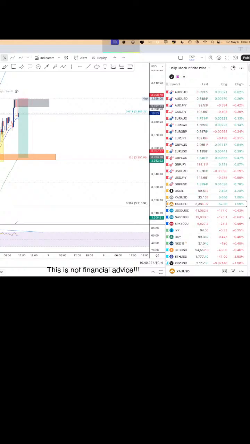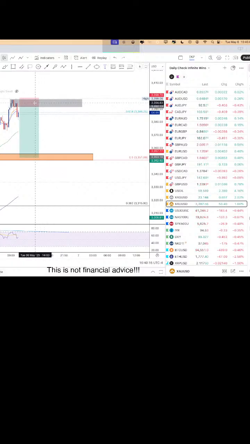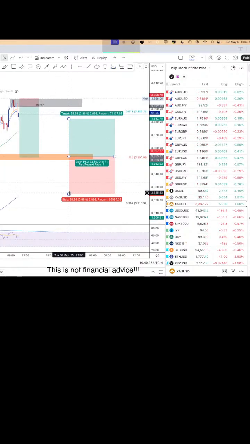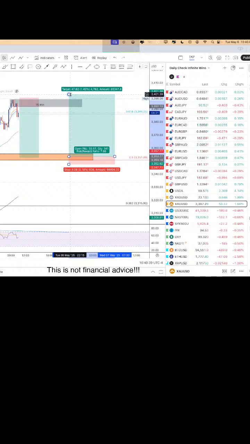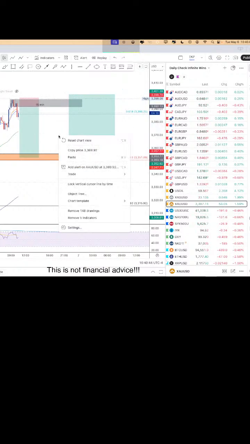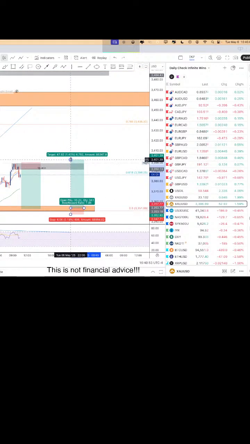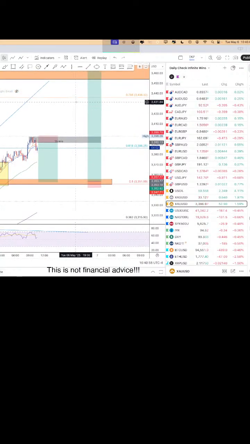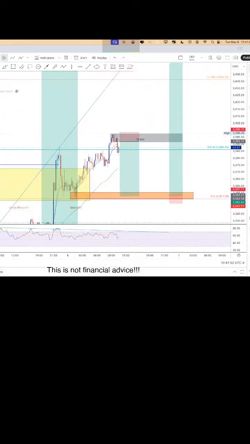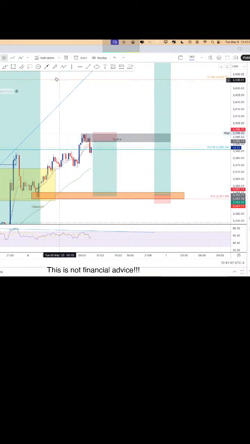We want to see if we can get a quick pullback on gold. Right now, price is in what they call a fair value gap.